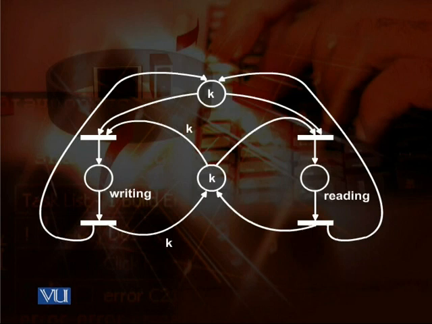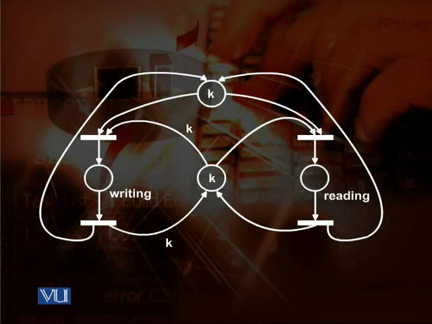So when a writer comes, it takes a token from the top place and k tokens from the middle place, and it starts writing. Once it finishes writing, it puts one token back into the top place and k tokens back into the middle place, and we are back to our initial state.